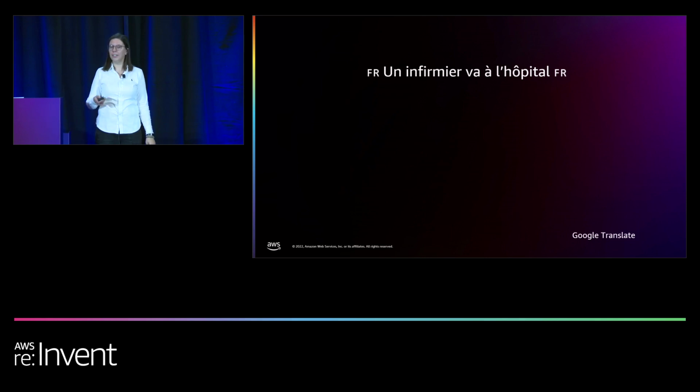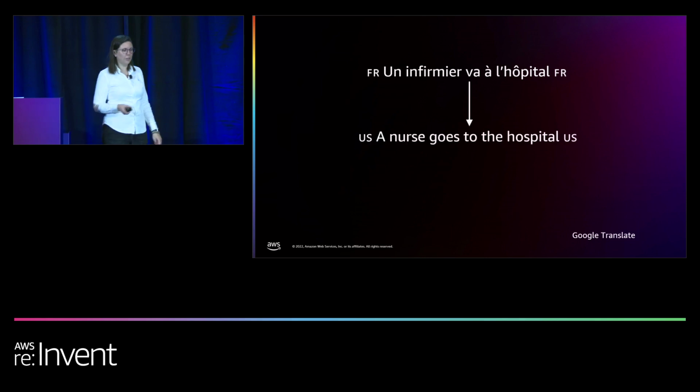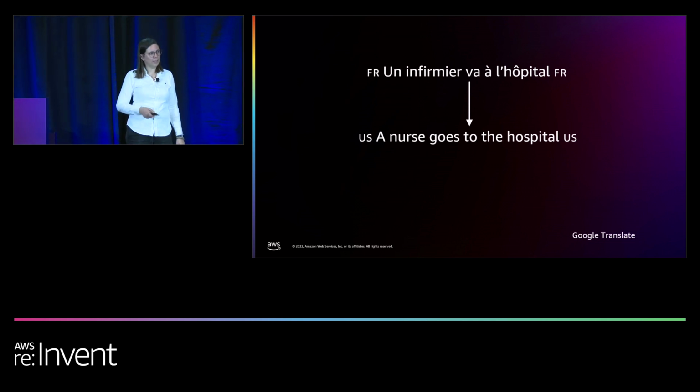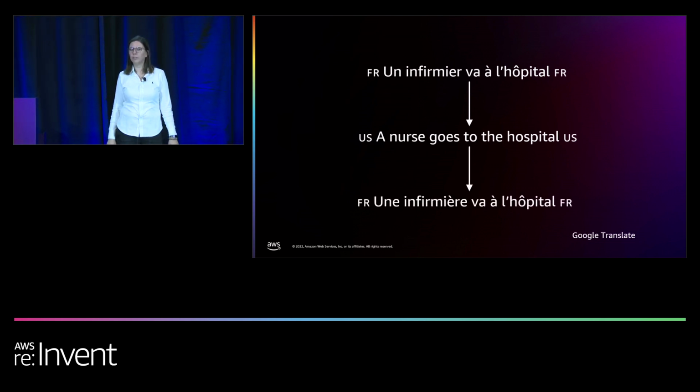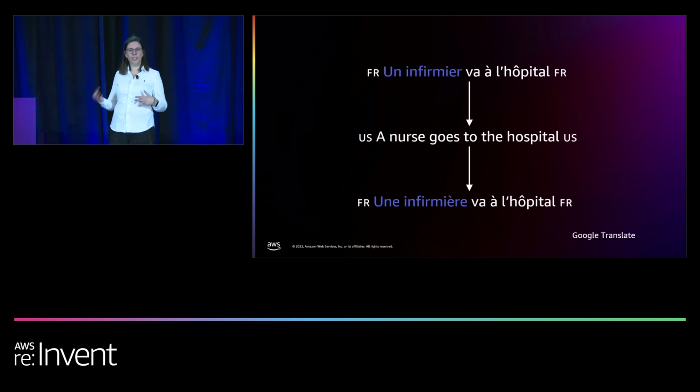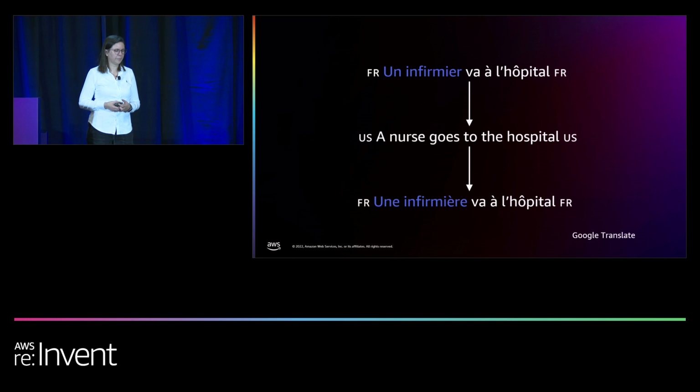For example, the French sentence, un infirmier va à l'hôpital, translated in English gives: a nurse goes to the hospital. It is OK. And when you go back in French, you have une infirmière va à l'hôpital. You have a switch between a male nurse and a female nurse.